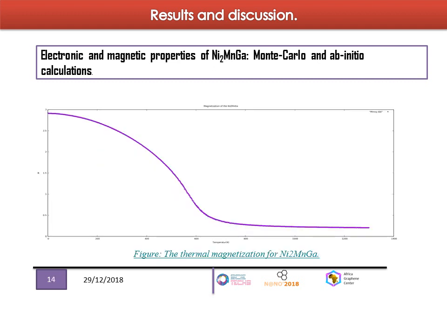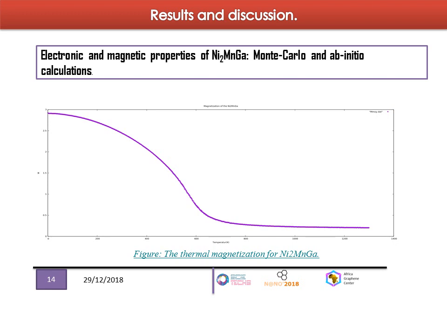So, the obtained magnetic moment has been used as input of the Monte-Carlo simulation. The Monte-Carlo simulation is used to calculate the thermal magnetization, as given in the figure.